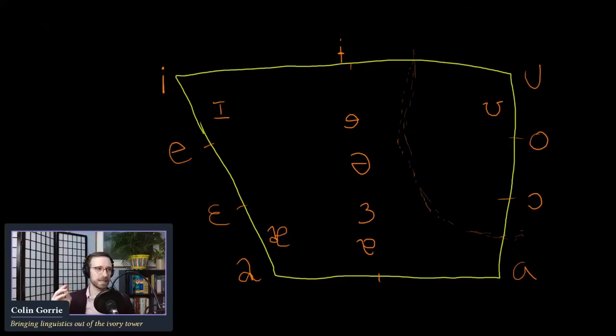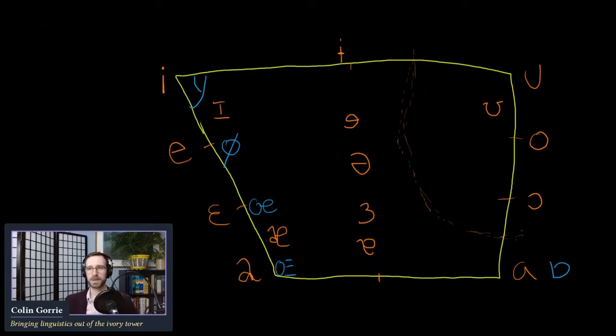We've already seen this letter Y is used for the rounded version of E, U. We also have, essentially we have rounded equivalents at every single point of the cardinal vowels. So we have one here, we have one here, we have one here, and we have one here.